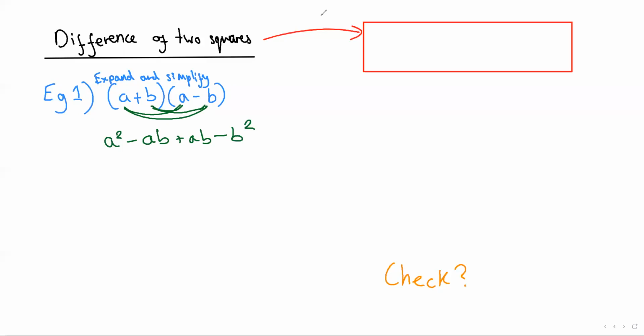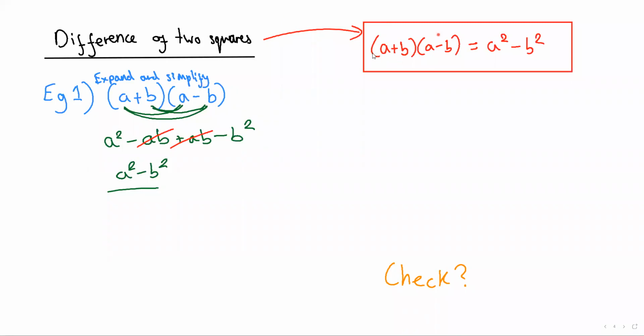And you can see now that minus ab cancels out with the plus ab. So we just get a squared minus b squared. And this is the difference of two squares. It states that if you have a plus b times a minus b, you get a squared minus b squared, like that. So this is a nice rule that we can use to kind of skip a few steps.